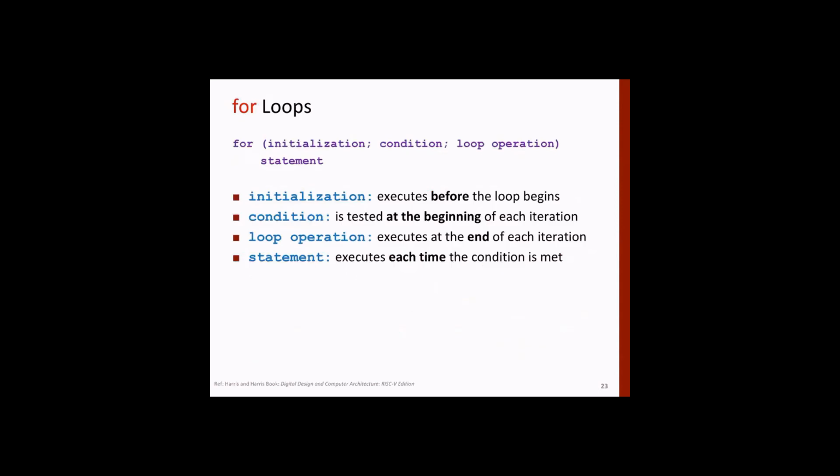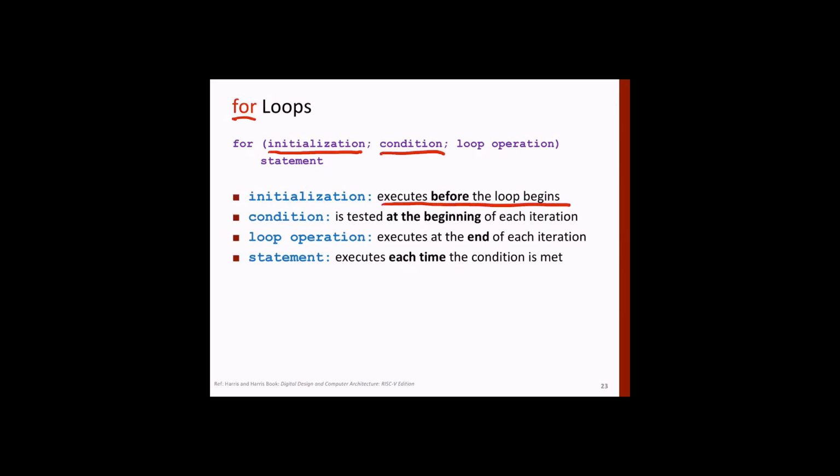Okay, the last part of this class is about the for loop. A for loop is a more structured way of looping around, or executing the same set of statements. So a for loop has the following things. First is initialization, which executes before the loop begins.